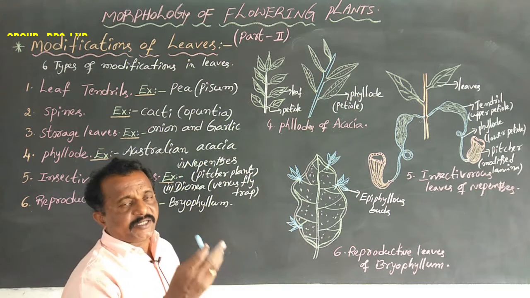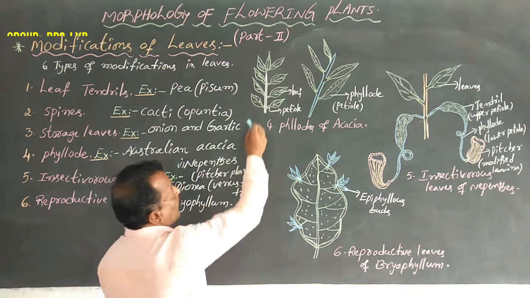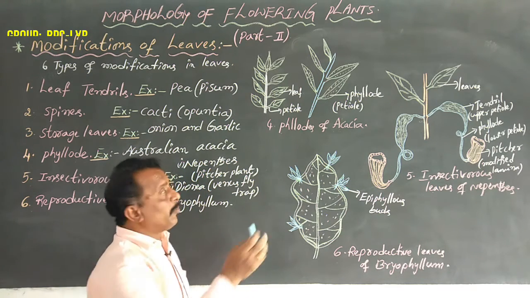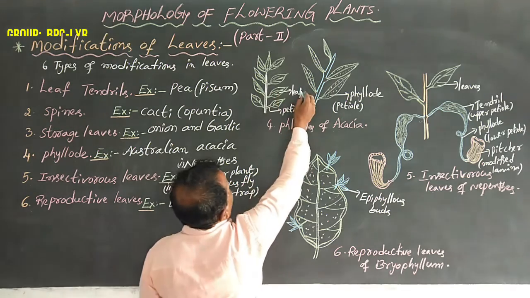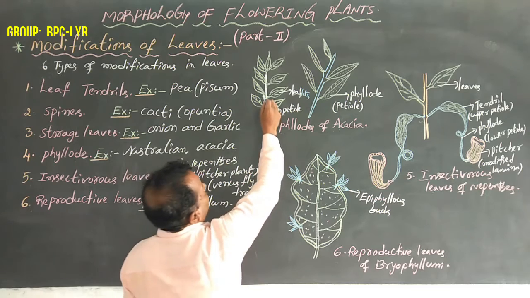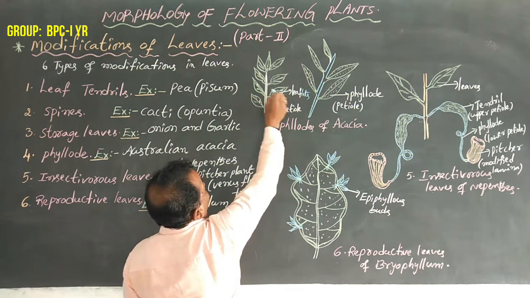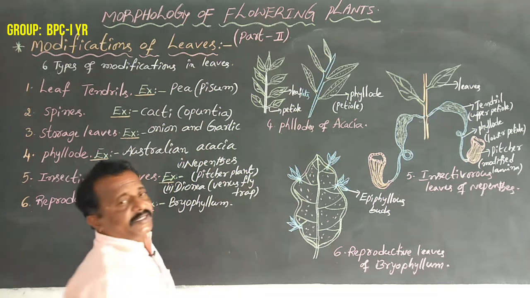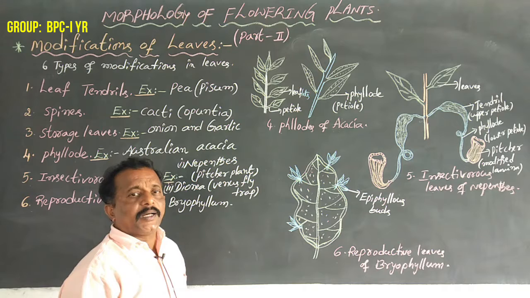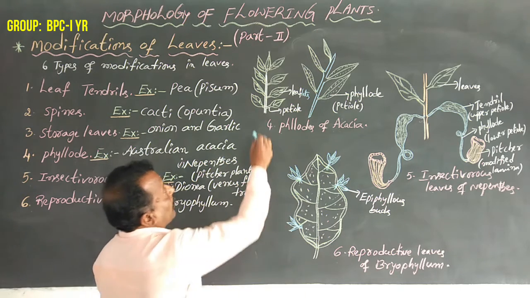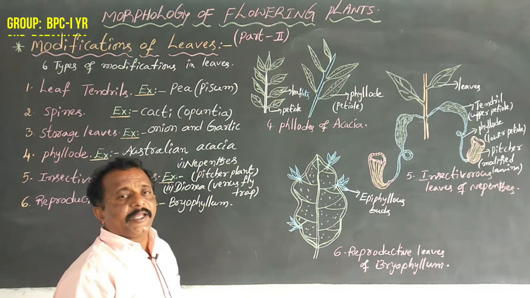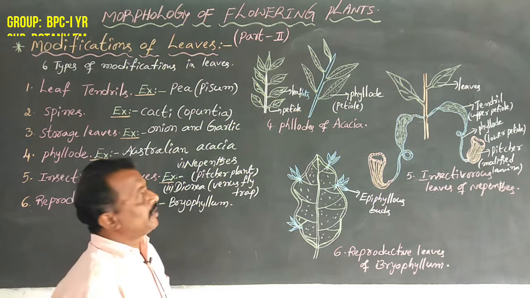So dear students, Acacia also contains pinnately compound leaves. In a pinnately compound leaf, a number of leaflets are attached to the common axis, called the rachis.